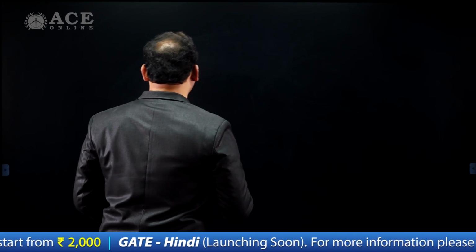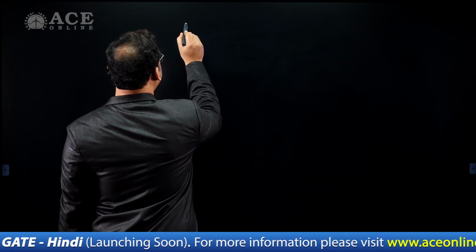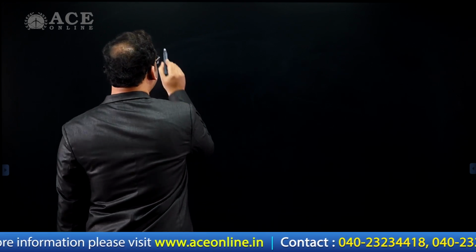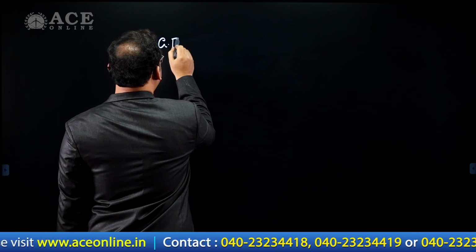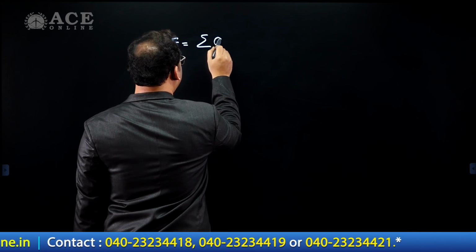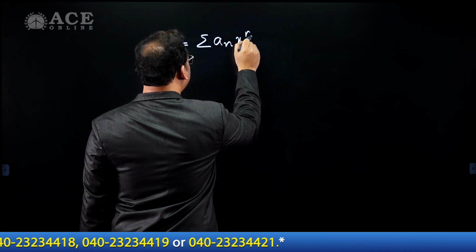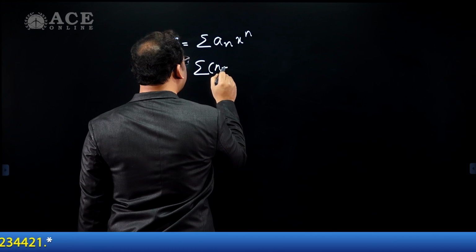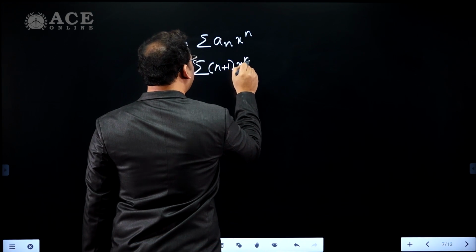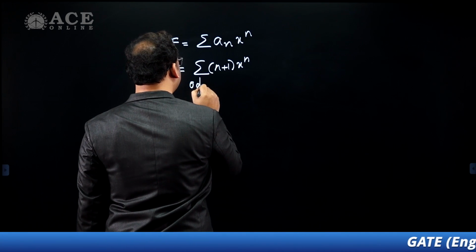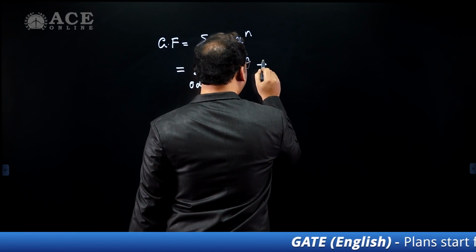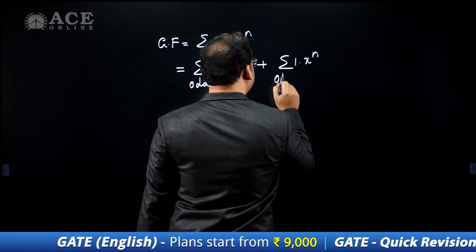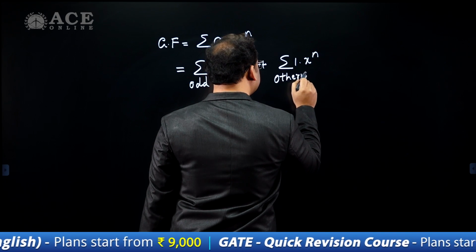Students, we have the sequence an. From this sequence, I want to take the generating function. My generating function is the summation of an into x power n, and this an value is n plus 1 when n is odd and the same an value is 1 otherwise, isn't it?